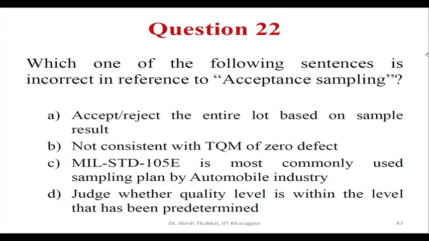Question 22. Which one of the following sentences is incorrect in reference to acceptance sampling? A. Accept or reject the entire lot based on sample result. B. Not consistent with TQM of zero defect. C. MIL STD 105E is the most commonly used sampling plan by the automobile industry, and D. Judge whether quality level is within the level that has been predetermined.